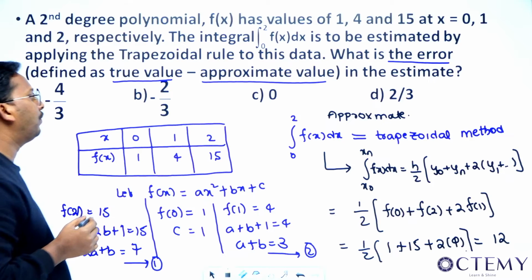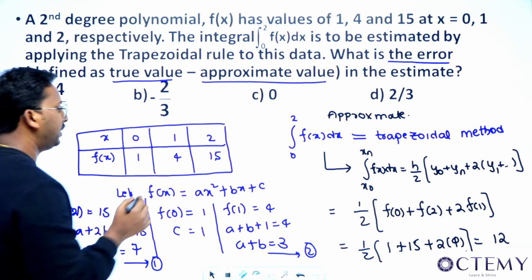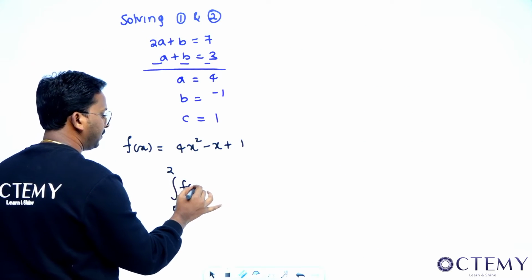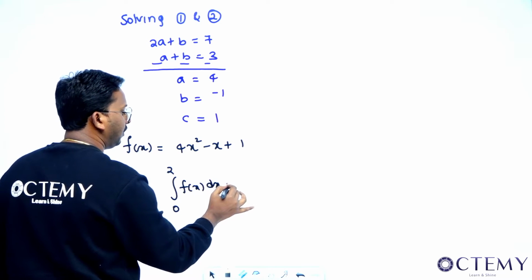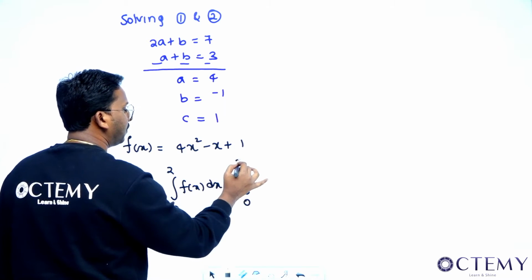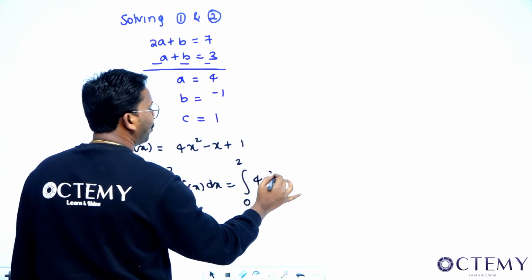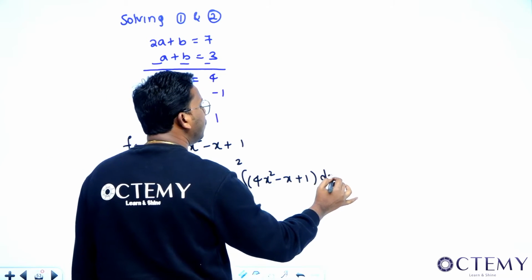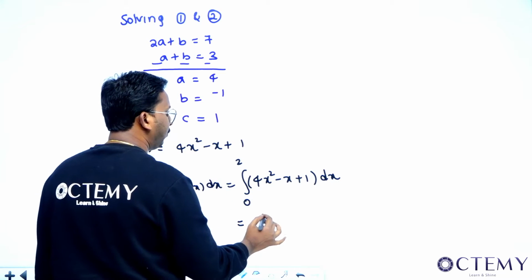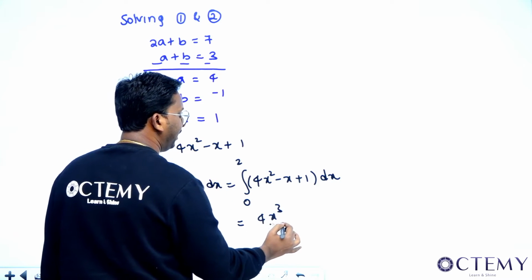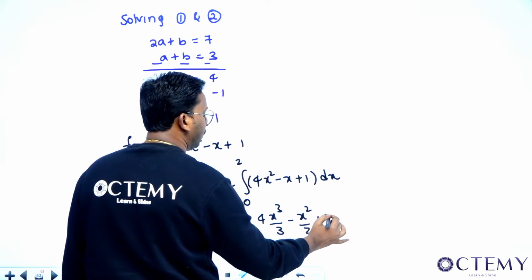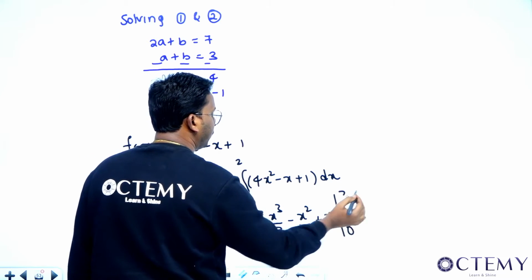Now the true value we have to find, that is the integral from 0 to 2 of f of x dx. That should be the integral from 0 to 2 of 4x square minus x plus 1 dx. That will become 4 into x cube divided by 3 minus x square divided by 2 plus x, from 0 to 2.